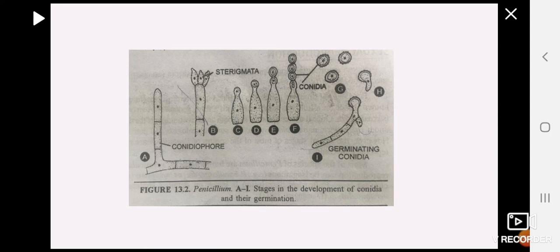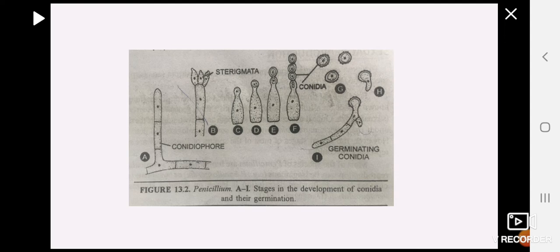Now we'll consider how the conidium is formed from this sterigma. Now you see here that a swelling is formed at the tip of the sterigma, and this swelling increases in size.